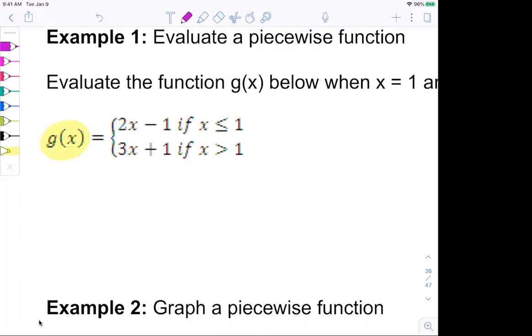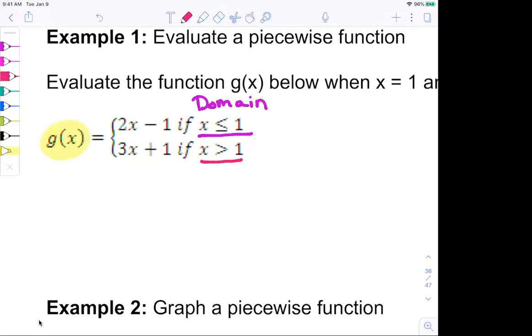That equation works if the domain is x is less than or equal to 1. So I can only use this equation when x is less than or equal to 1. That's what it means. The second equation says 3x plus 1. Well, that only works if x is bigger than 1.